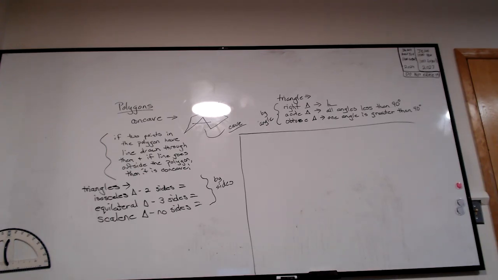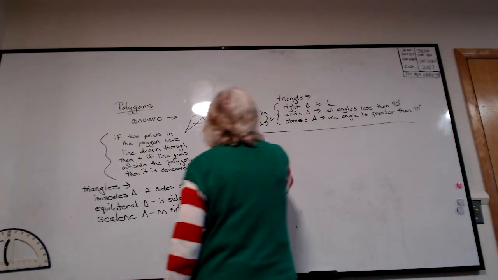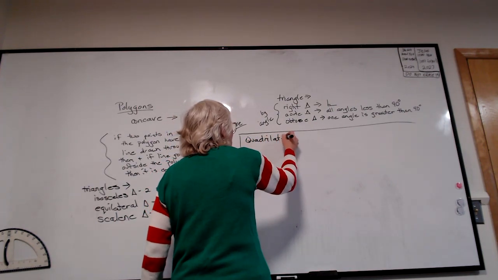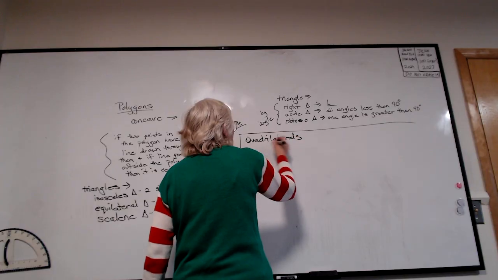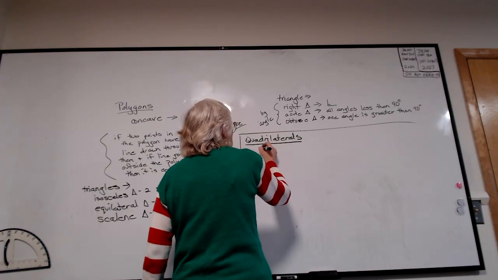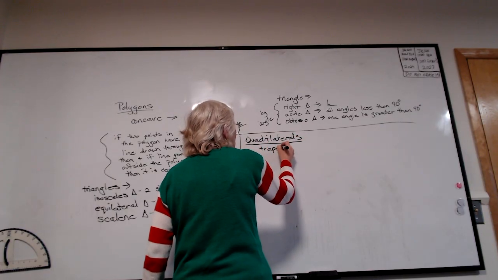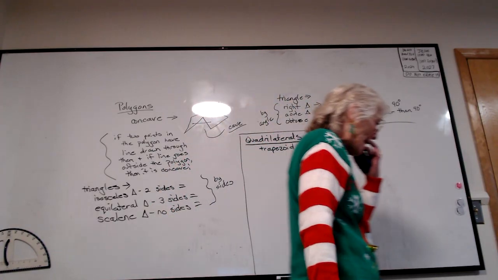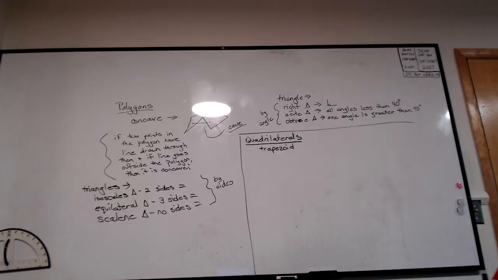Okay, so then we started talking about quadrilaterals. We're going to quickly go through those. The simplest was a trapezoid. What is true about a trapezoid? Anybody remember?